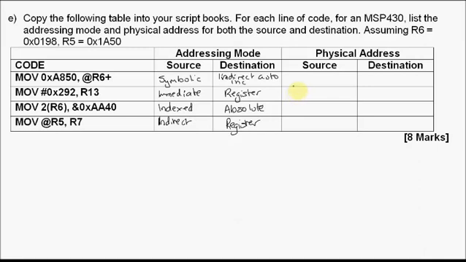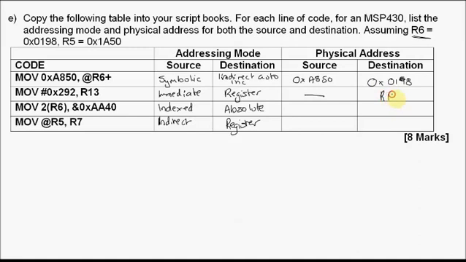Okay, for working out the physical addresses, we go through. For symbolic, the physical address is what's specified, so it's 0xA850. For indirect auto increment, we go to the register, which is R6 up here, and it's 0x0198. Now after that instruction, register 6 would increment, but not before it. Next, for immediate, we don't have a physical address.